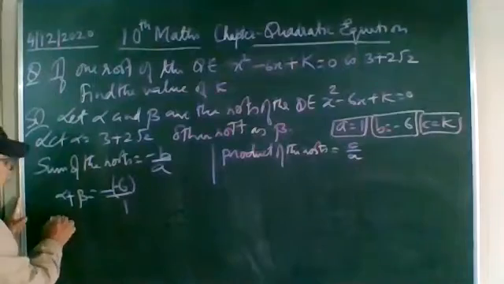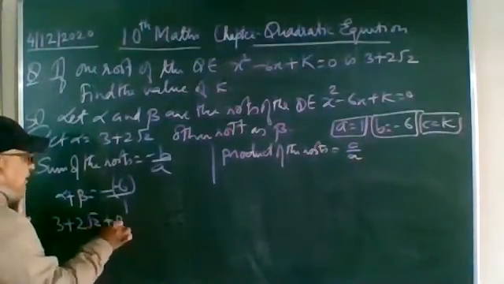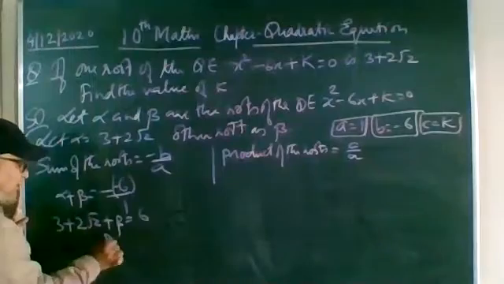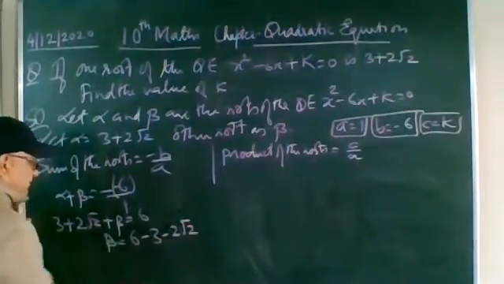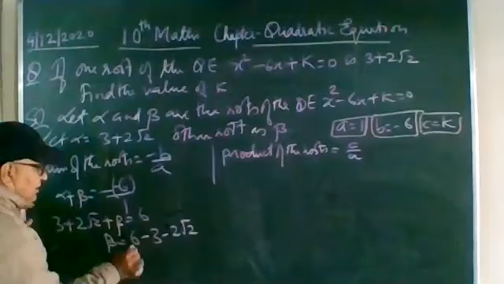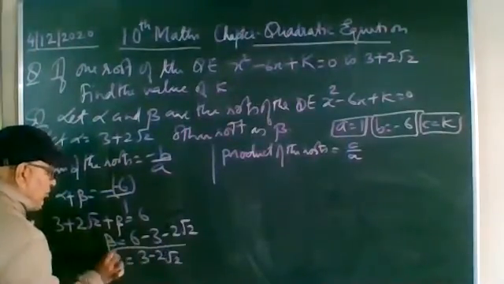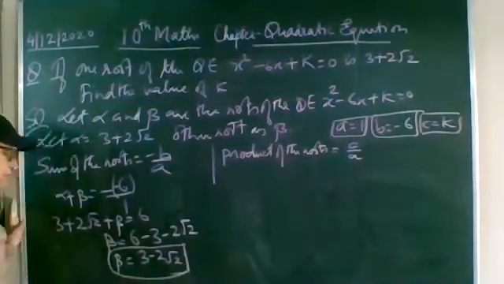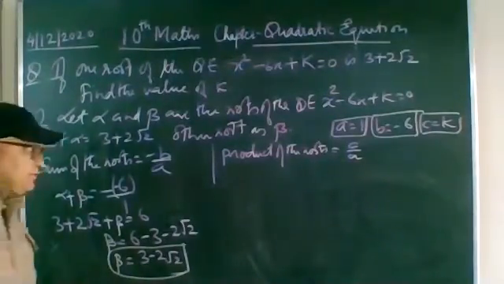So alpha is 3 plus 2 root 2, plus beta equal to 6. So beta is 6 minus 3 minus 2 root 2. Beta equal to 3 minus 2 root 2.